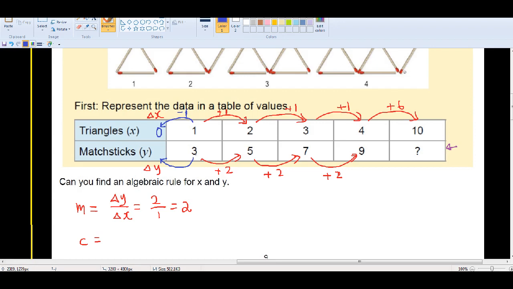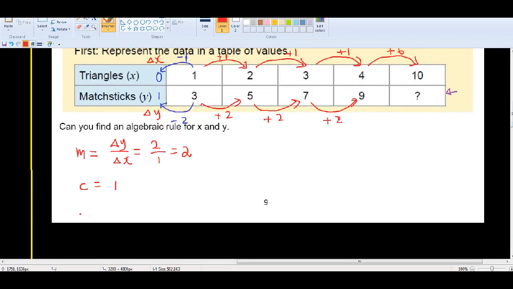How much should I take away from 3? Remember, whenever you add 1 to x, you add 2 to y. So if you take 1 from x, you have to take 2 from y. So 3 take 2 becomes 1. So that means c is 1.